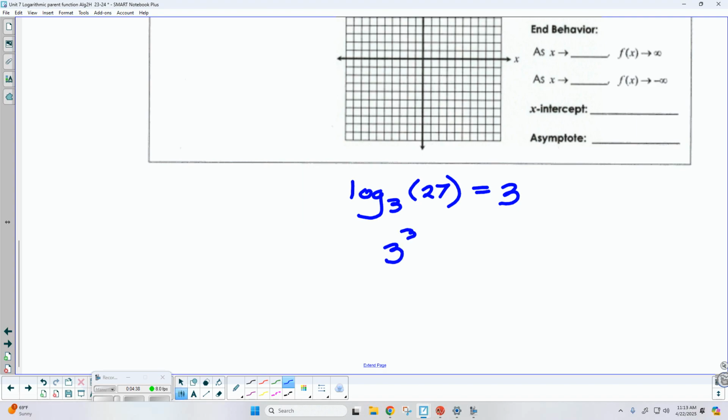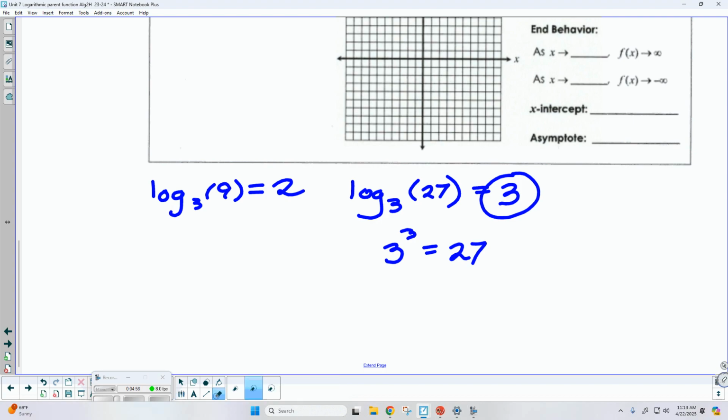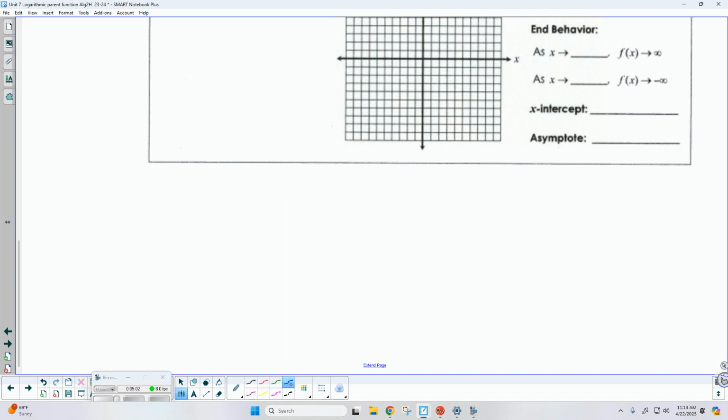Well, because 3 cubed equals 27. Remember, a log is always the power. Okay. Now, if I had something like this, if I had log base 3 of 9, that would equal 2, because 3 squared is going to give me 9. Okay. Well, let's try something a little different. What if I gave you this?